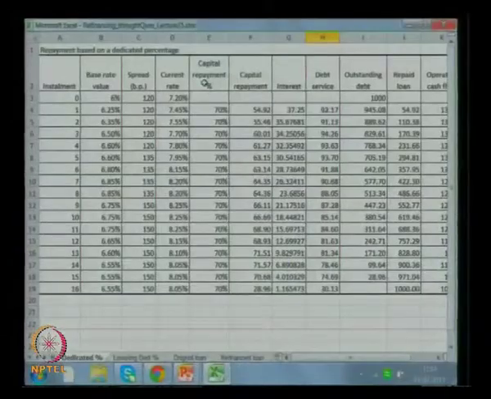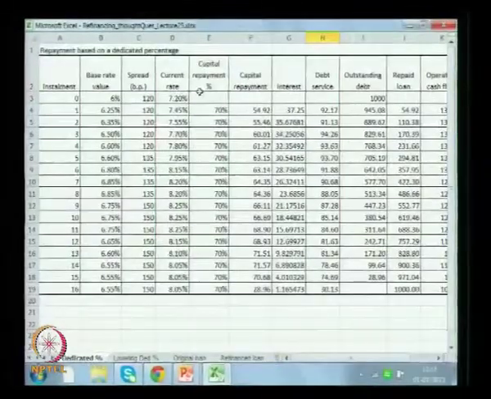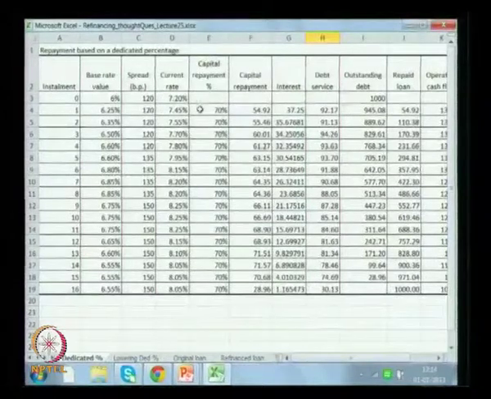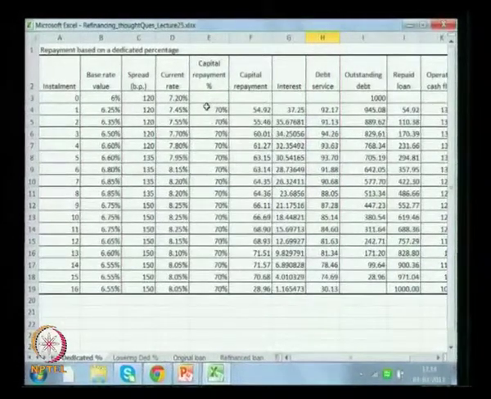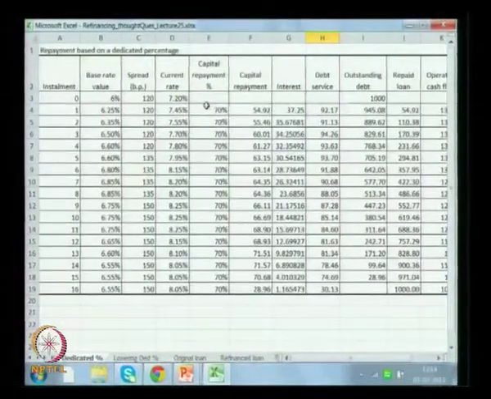Then the next column talks about the capital repayment, and if you notice, the capital repayment is constant, that is 70%. The question you may have is: 70% of what?